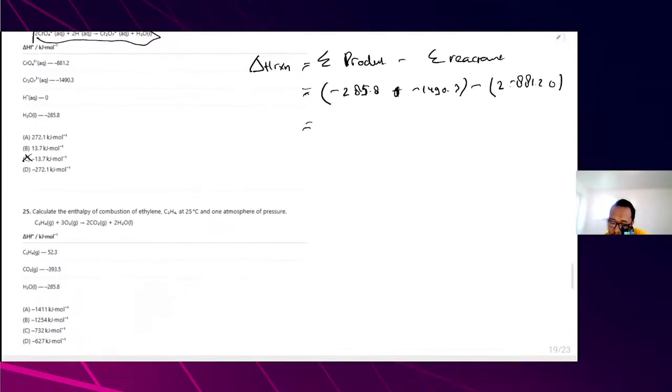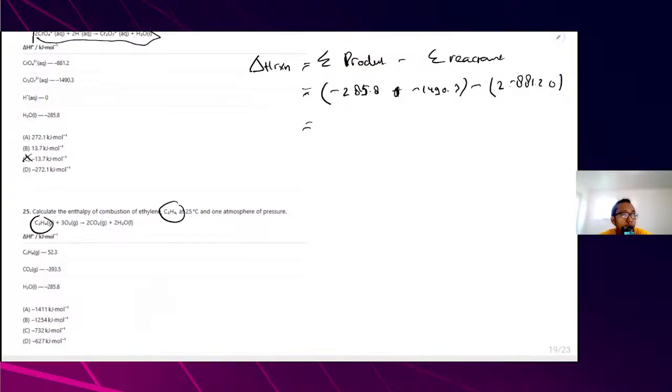Calculate the enthalpy of combustion of ethylene at 1 atmosphere of pressure. Now the ethylene here is the same, just 1 mole. But the question is about the combustion.